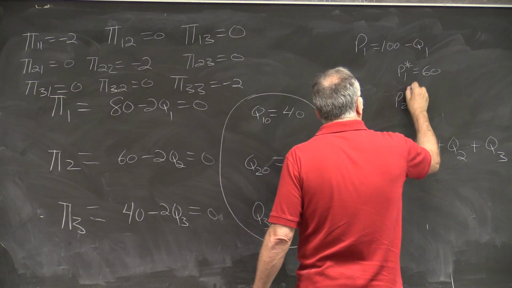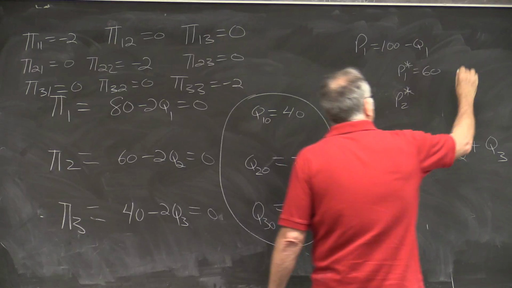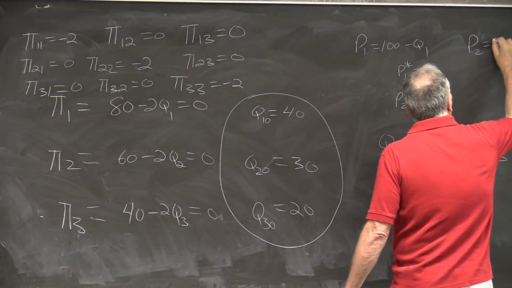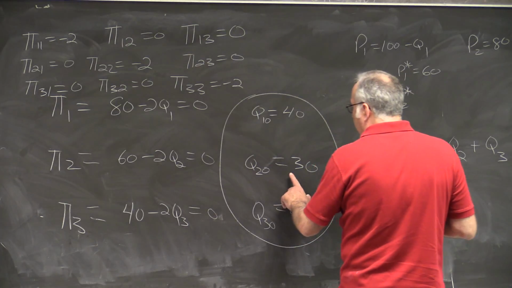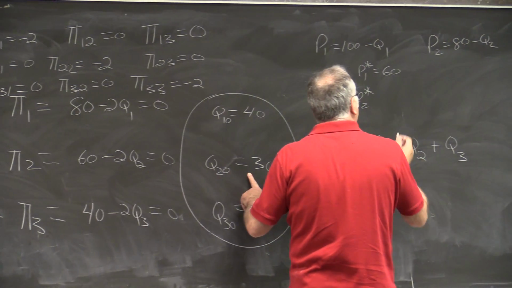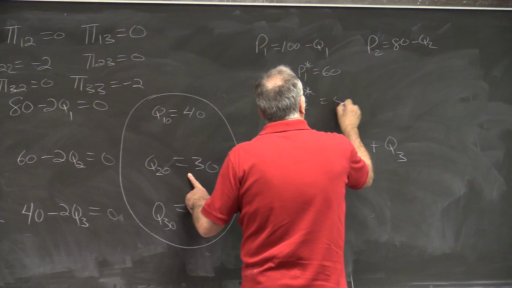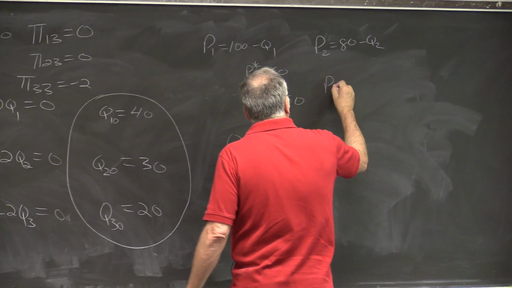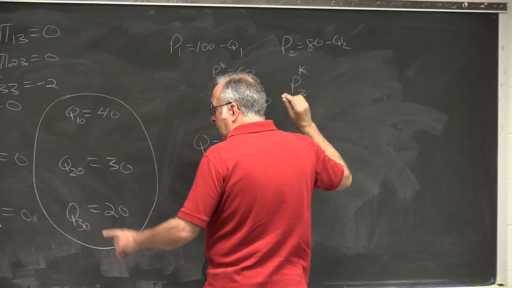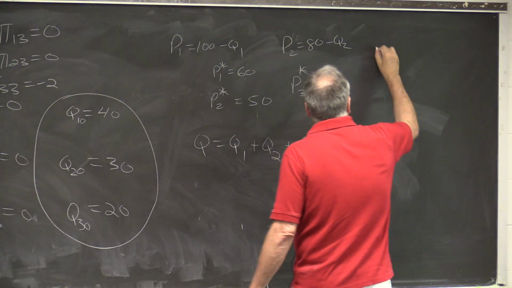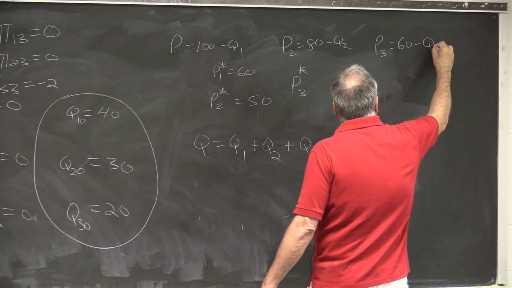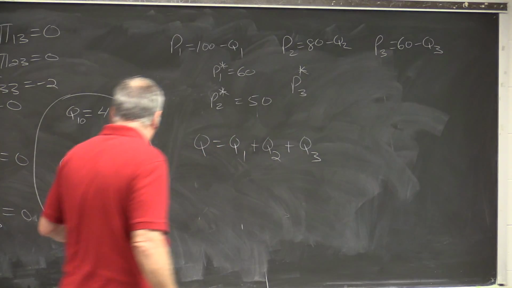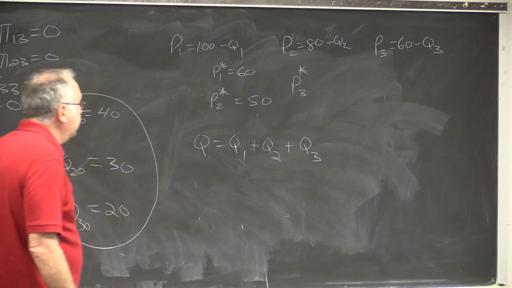You should charge group 2, since P2 was 80 minus Q2. Q2 was 30, wasn't it? So this should be 50. The price for group 3 should be, since their demand curve was 60 minus Q3. Q3 was 20, wasn't it? So you should charge them 40.